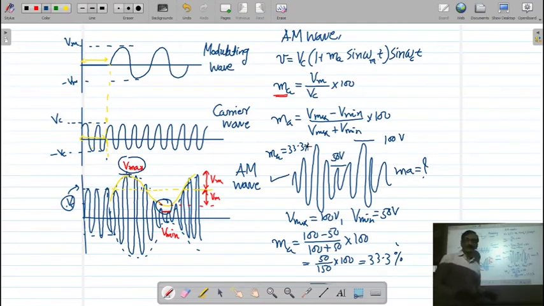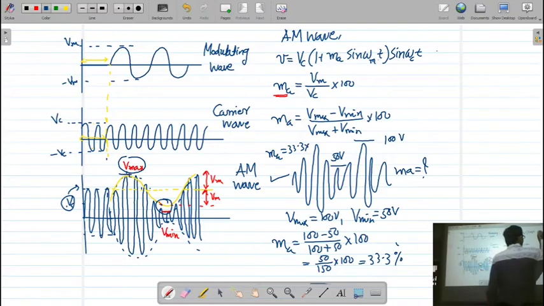This kind of question can also be asked in an objective. So in the paper this waveform is given to you and you have to calculate what is the modulation index. Now from this you can also calculate, remember, the amplitude of the carrier wave and the amplitude of the modulating signal.